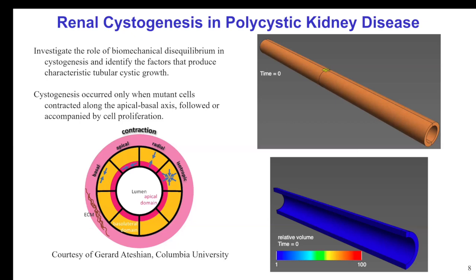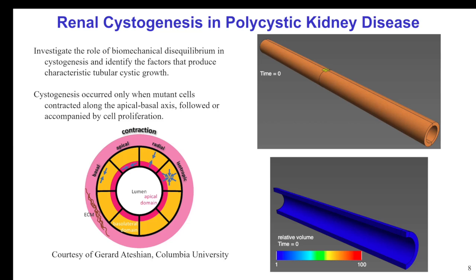And so this is an example using some of the cell growth materials in FEBio, and this is Professor Teshian's research. And so in this case, they were interested in understanding different mechanisms that might be responsible for the growth of cysts in polycystic kidney disease.